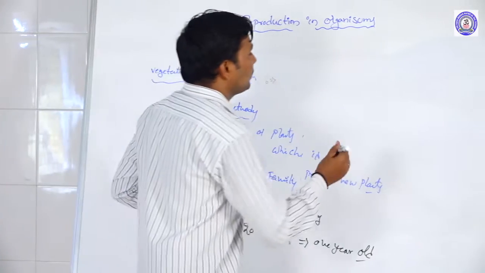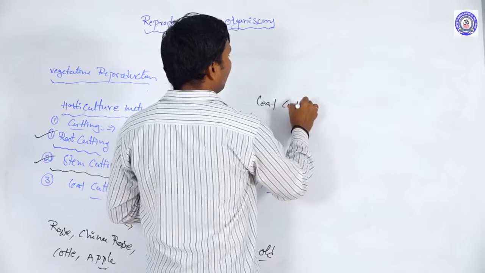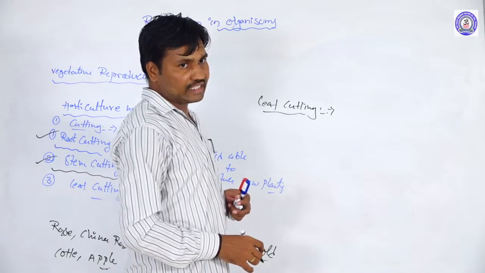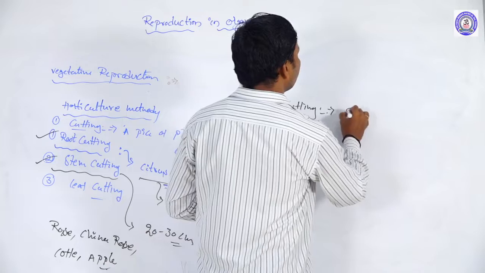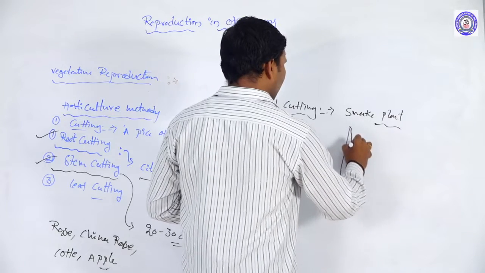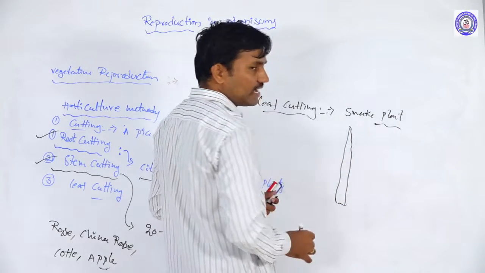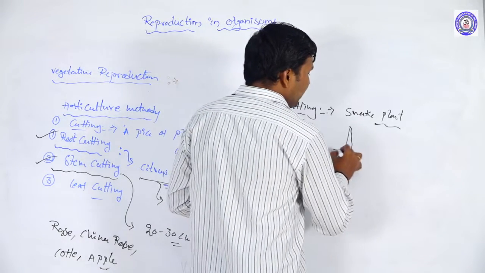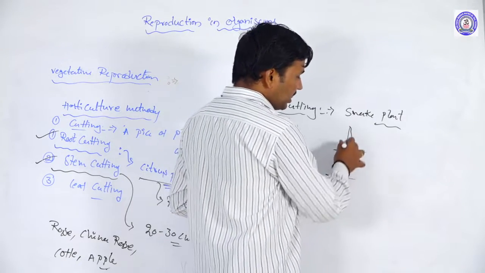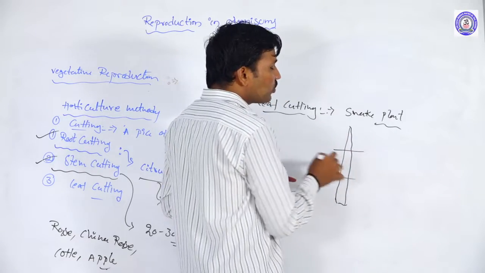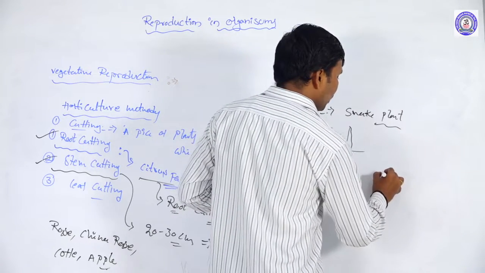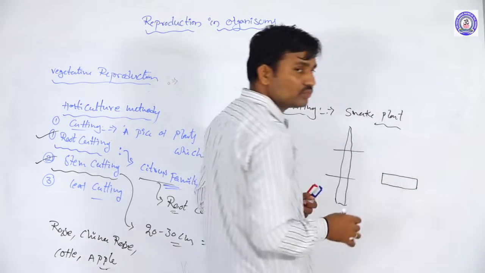The third one is the leaf cutting process. For example, the snake plant, generally called serpentina, has twisted leaves with wavy, snake-like structures. We cut these leaves transversely, horizontally, into two or three pieces, and place each piece of leaf vertically into the soil like this.